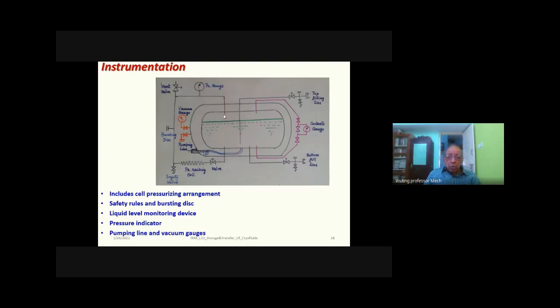This way, you don't require an external pressurizing agent. So these types of tanks are called self-pressurizing tanks. You will be able to make use of it for continuous transfer many times in terms of experiments and so on.